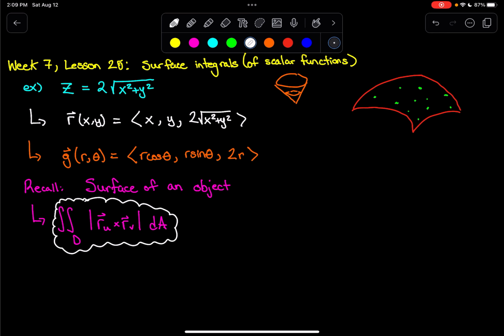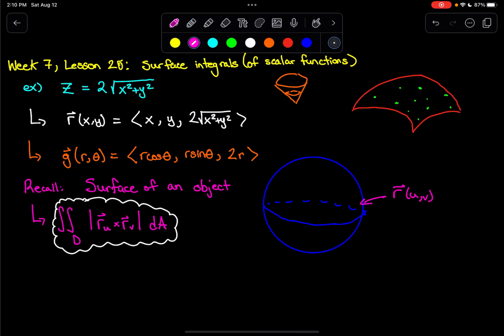If you don't really remember this, the general idea was, if you have some 3D shape, say a sphere, and you come up with a parameterization for this sphere in terms of two variables u and v, then at any point on the surface, we can come up with a tangent vector r sub u, which is the partial with respect to u.